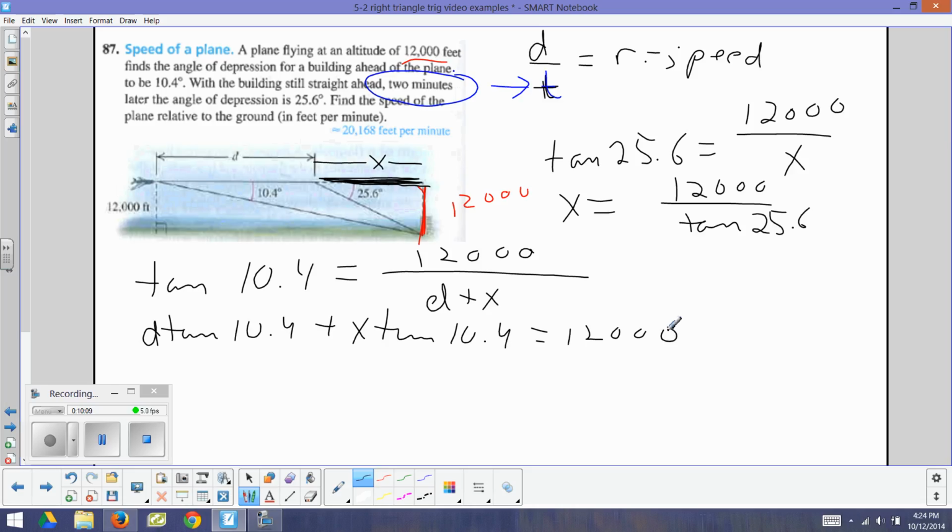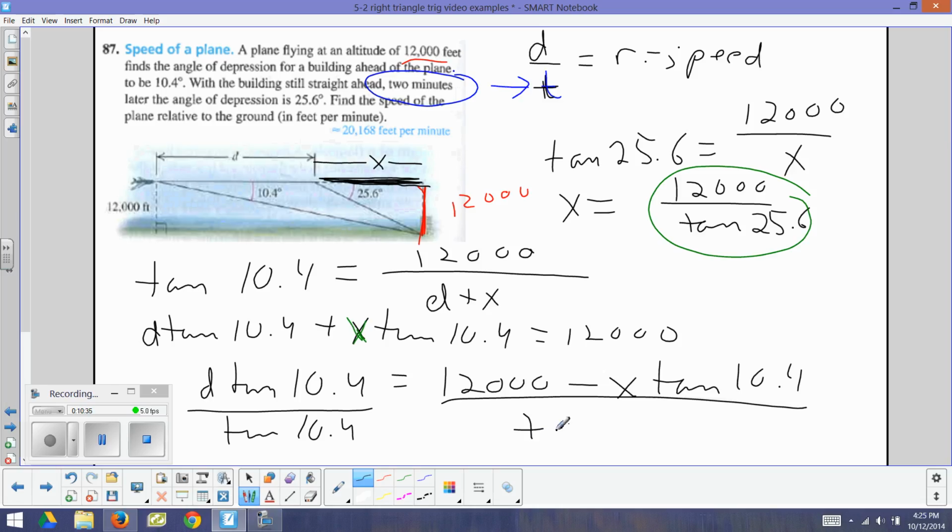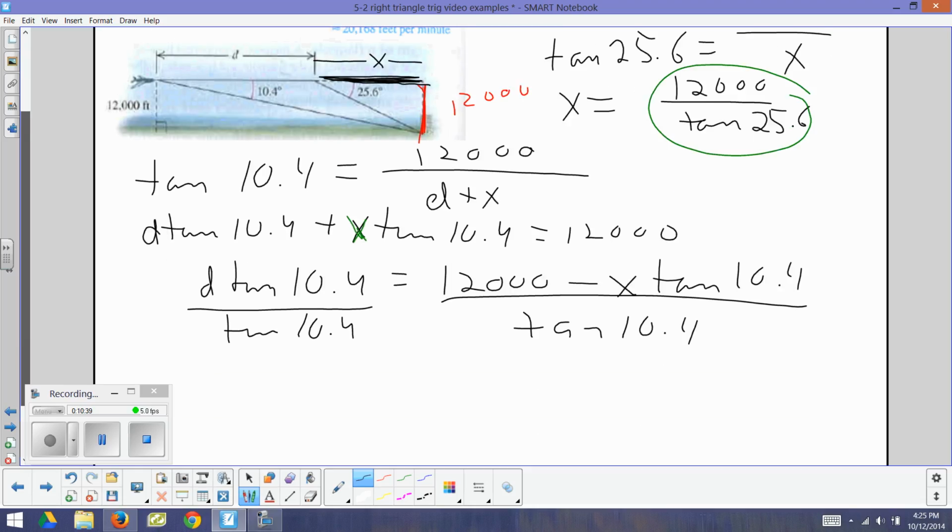And remember, I do know what x is. X right here is that right there, that number, that fraction. So let's keep going. D tangent of 10.4 is equal to 12,000 minus x tangent of 10.4. Divide through by tangent of 10.4, and you'll have your equation.